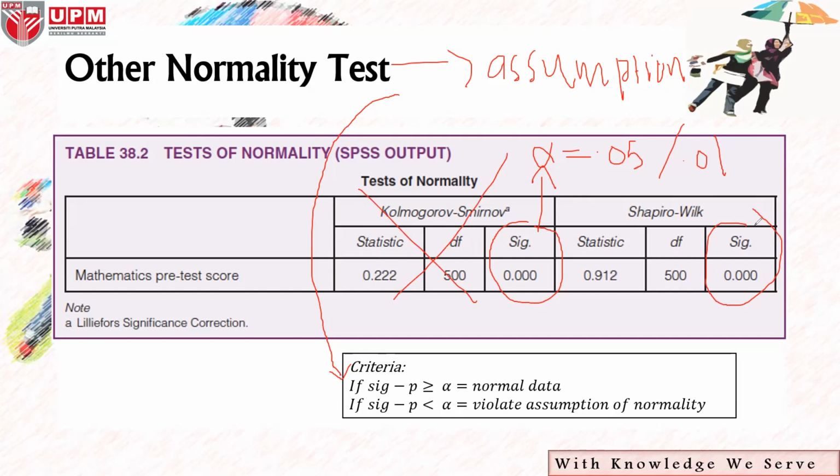Same goes to the second statistic, which is Shapiro-Wilk. Since the significant value 0.000 is lesser than alpha 0.05, it also violates the assumption of normality. Therefore, it does not meet the assumption of normality.